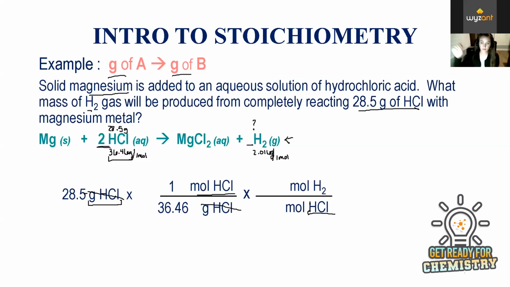They put 2 over 1 instead of 1 over 2, or they put 36.46 on the top instead of the bottom. I know it's tedious to do the units, but you must put them in so they guide you on where to put the numbers in each fraction. So plug in numbers here: 1 mole of H2, 2 moles of HCl. I'm pulling these numbers down from the balanced equation, which is why that's important.